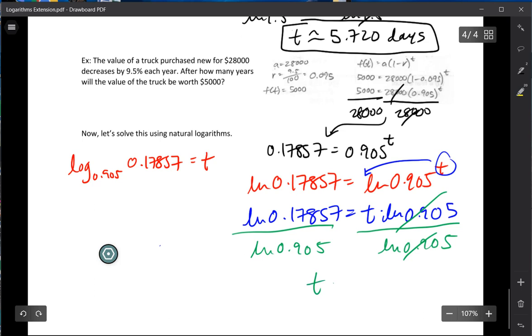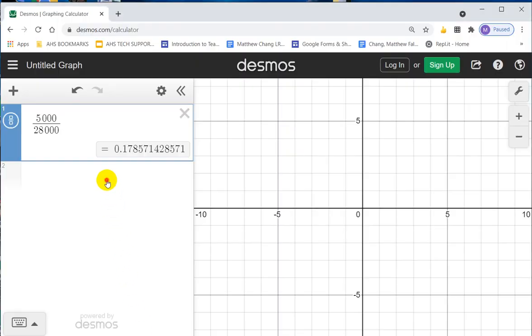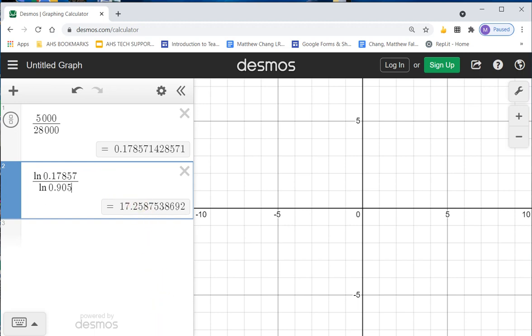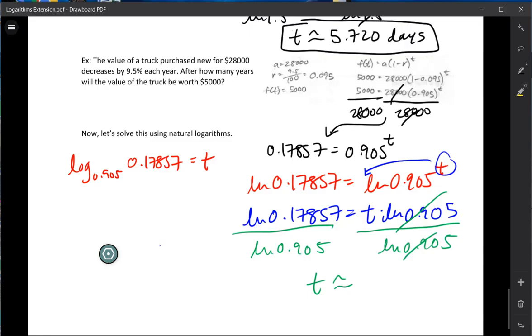That cancels, and we're left with t being approximately, let's see, ln of 0.17857 divided by ln of 0.905. We get 17.259 if we round to the nearest thousandth. So 17.259 is how many years it would take for the value of the truck to be worth $5,000.